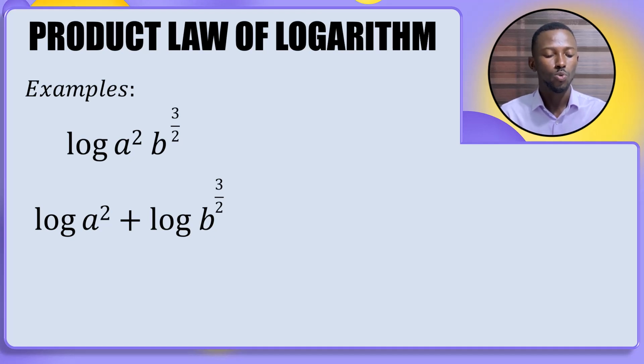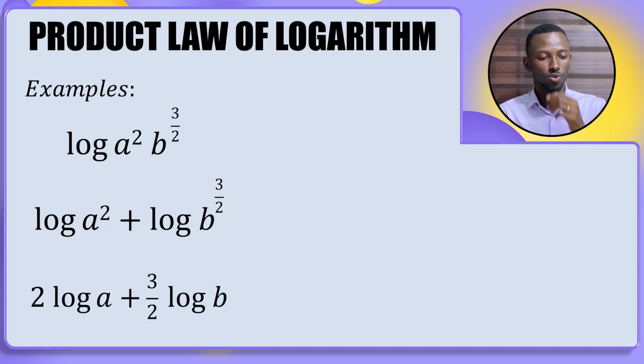Now log to base 10 of a squared. What do we do? You see the 2 on top of the a, because it's an exponent on top of a, according to one of the laws, which you would understand very soon, we will drop the 2 to fall behind the log. So this is what we'll write.